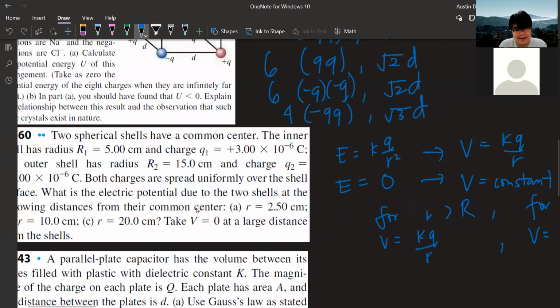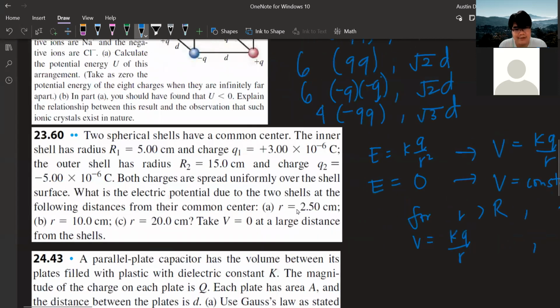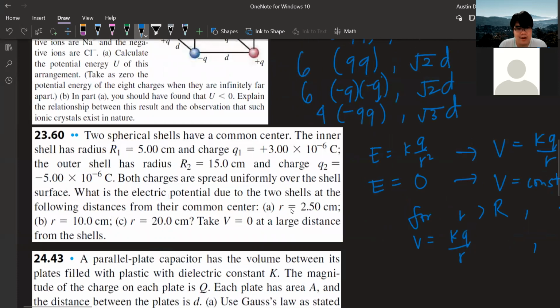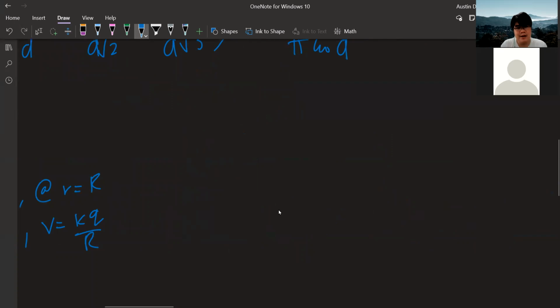Okay, so let's examine the distances that we have. So for A, ang distance natin would be 2.5 cm.